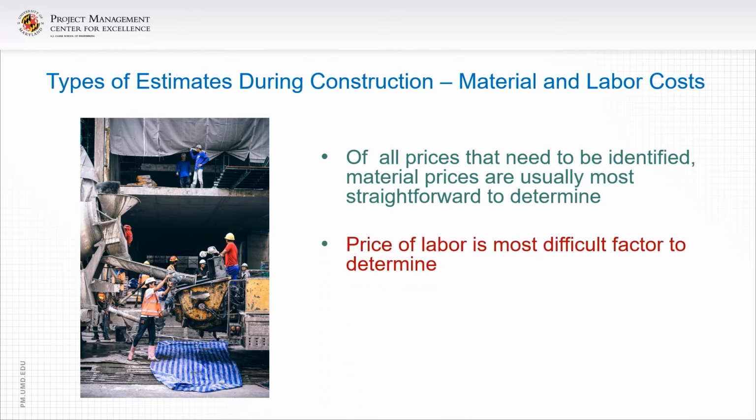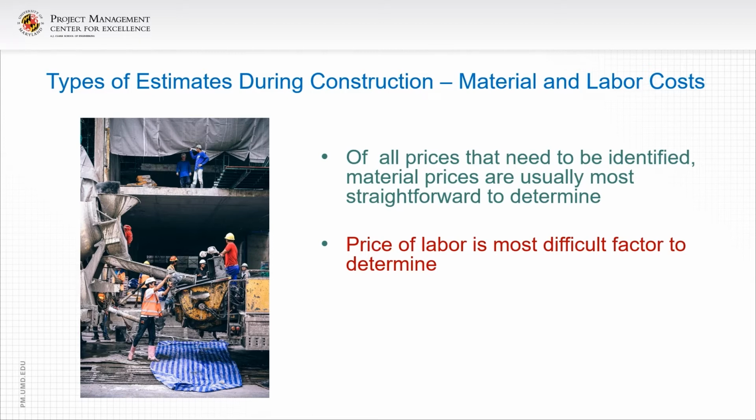The price of labor is the most difficult factor to determine because both the hourly wage rate and crew productivity must be considered. The wage rate is a factor of the rates paid to a specific trade. Union rates are available from the union locals and employer bargaining groups.